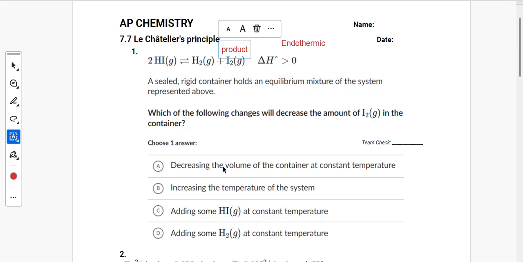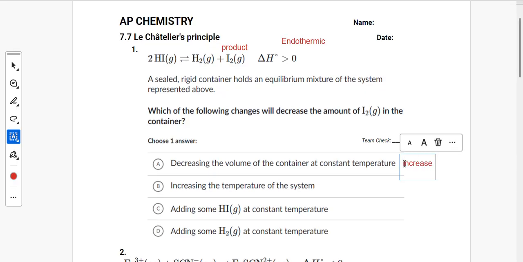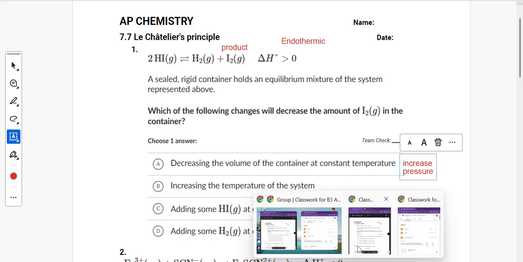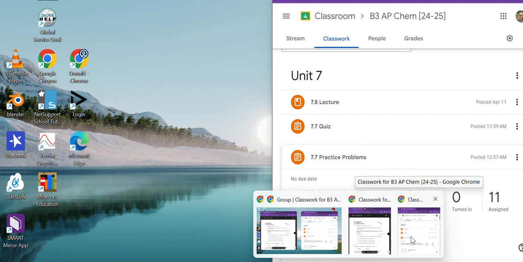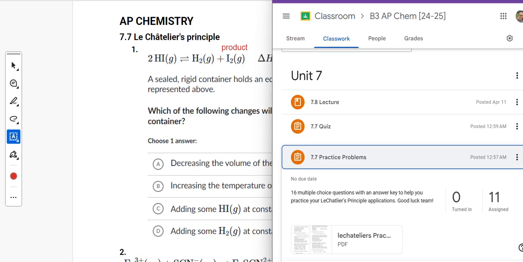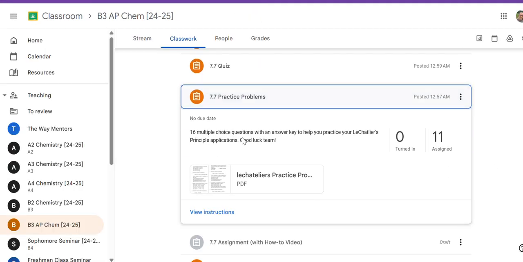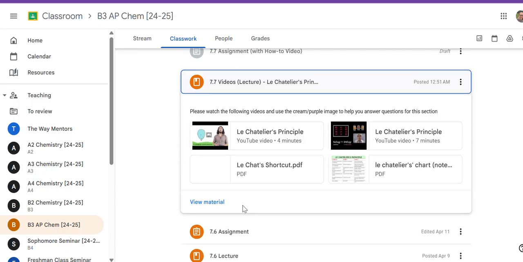So decreasing the volume of the container is going to cause an increase in pressure. For letter A, if we increase the pressure, let me hop over to the lecture, it should be posted right here.